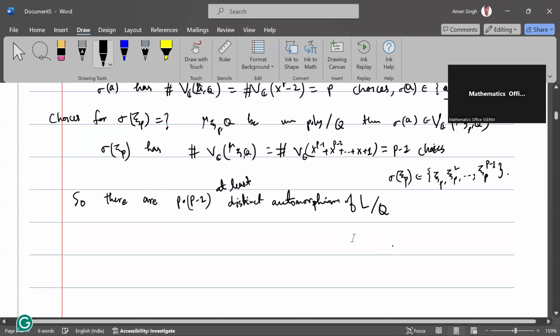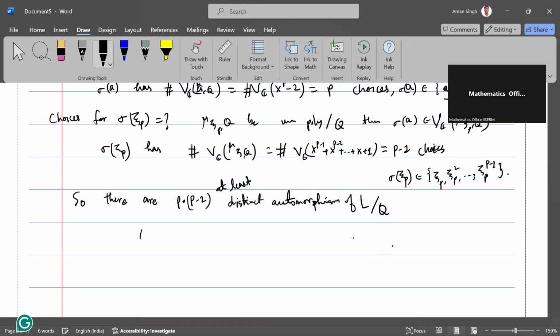But if you see Aut of L over Q, this group, which we don't know if it is Galois or not, the cardinality of this set is less than or equal to the degree of the extension L over Q by Dedekind-Artin.